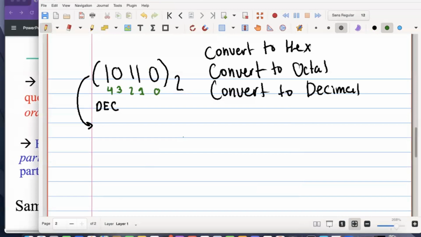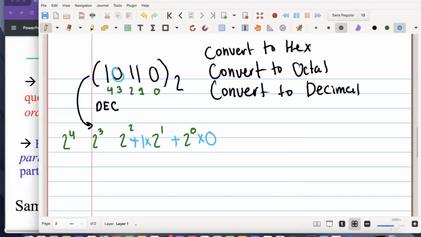So we have 2 to the 0, 2 to the 1, 2 to the 2, 2 to the 3, and then 2 to the 4. Since this is a 0 right there, we have 2 to the 0 times 0. And since this is a 1, we have 2 to the 1 times 1.